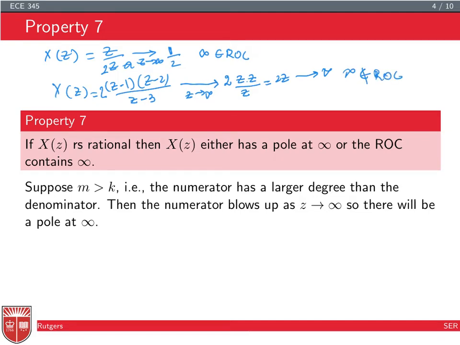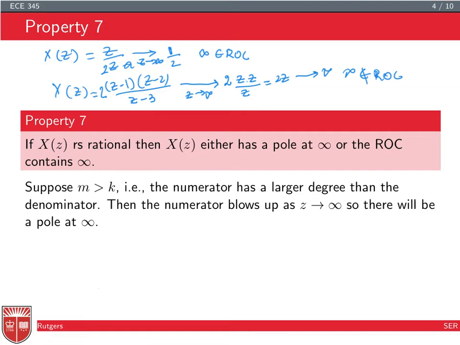So what really matters is the degree of the numerator compared to the degree of the denominator. If the degree of the numerator is equal to or less than the degree of the denominator, then infinity will be in the ROC. Another case could be like this.